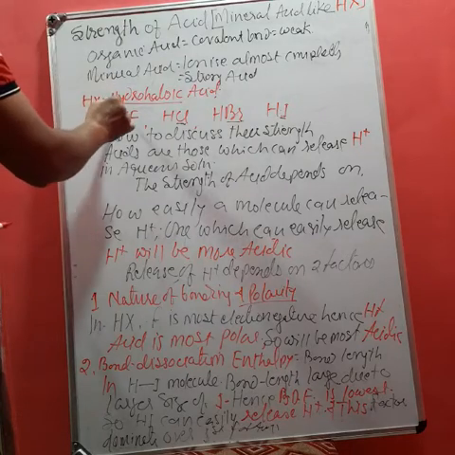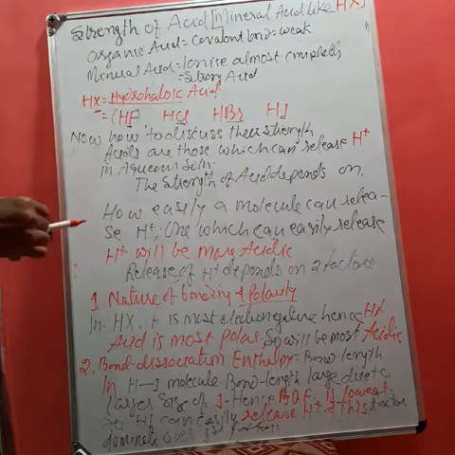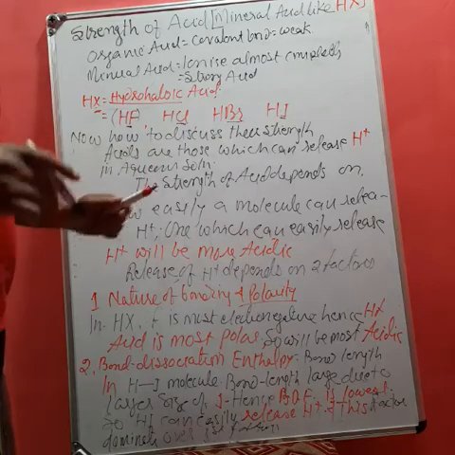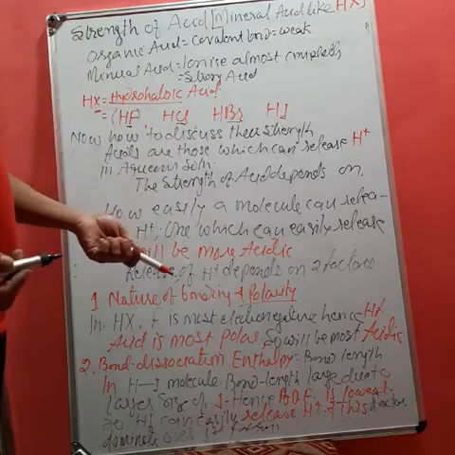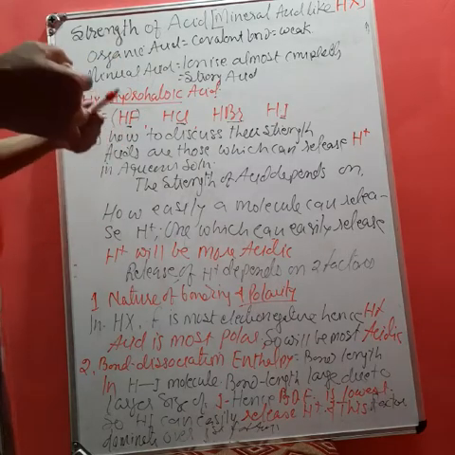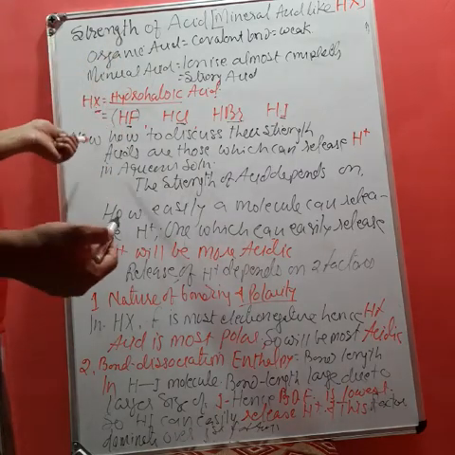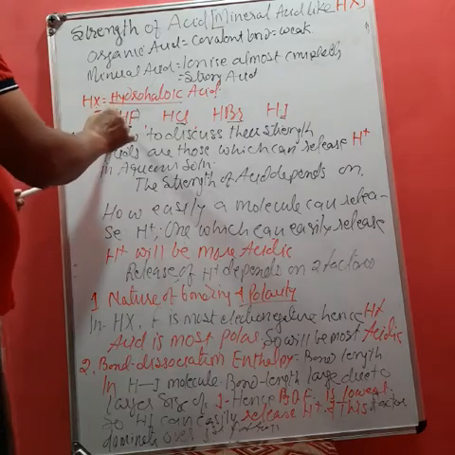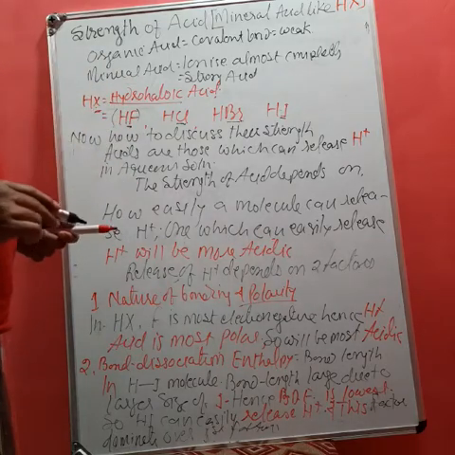One more factor also works here. You know that being most polar, HF molecule can form hydrogen bond with another HF molecule. And if it forms hydrogen bond with another HF molecule, then it is very difficult to release H cation in the case of HF.